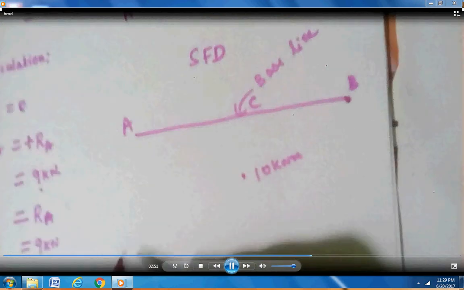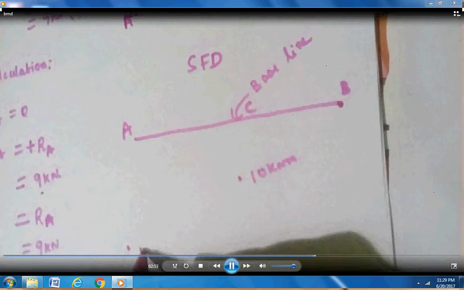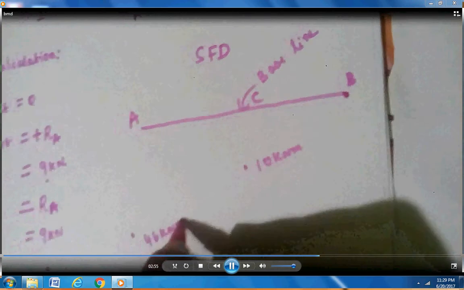Minus means mark below the reference line at C, that is minus 10 kilonewton meter. Then A is minus 46 kilonewton meter. This is also minus, so mark below the reference line at A, that is 46 kilonewton meter.